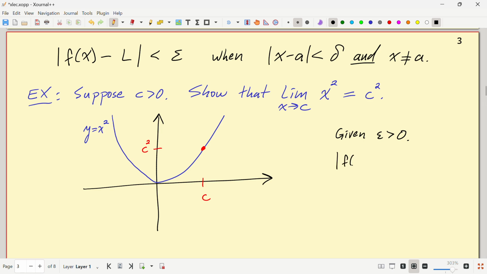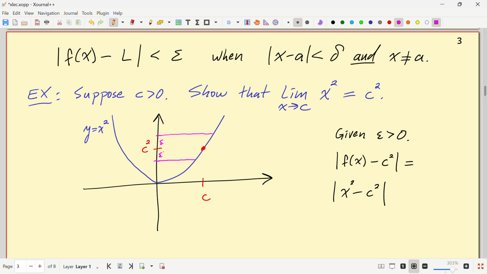Okay, that would give me a c squared, that's what I'm looking at, f of x minus c squared equals x squared minus c squared. If I look at that distance there, that would be the distance. Here's a plus epsilon. Here's a minus epsilon. This is epsilon here, this is epsilon here.